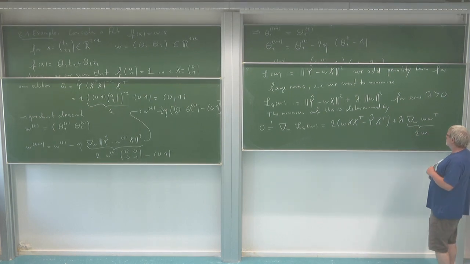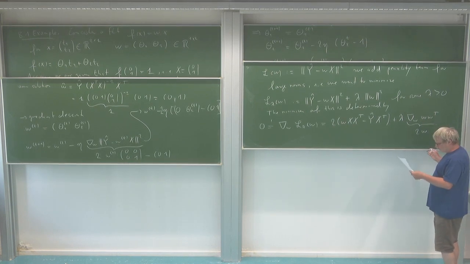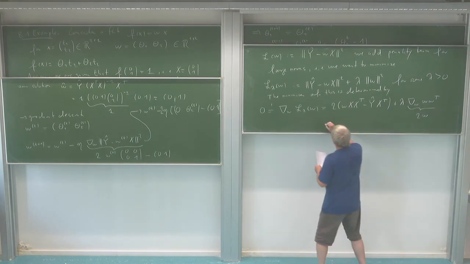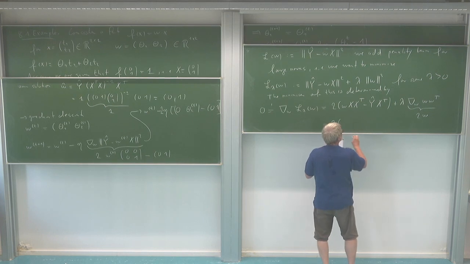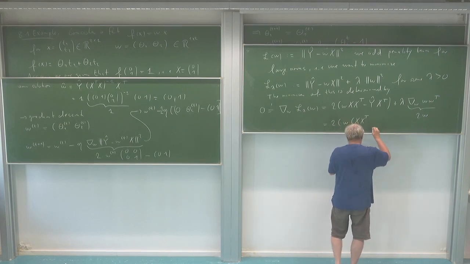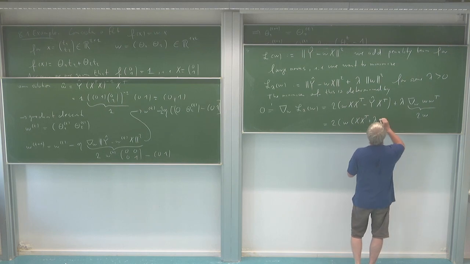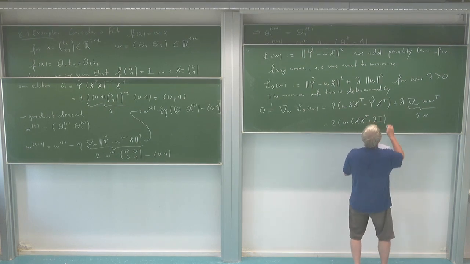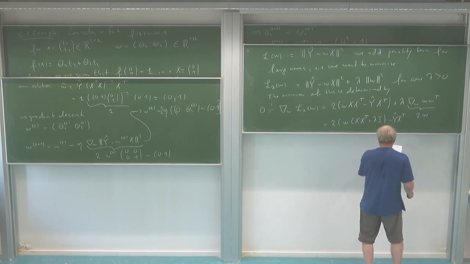Before, we calculated this with a matrix in between; now you can take the identity matrix in between if you like, but maybe you also see it directly. So you see we get a perturbation of this term: 2 times w times x x transpose plus lambda times the identity matrix, minus y hat x transpose.